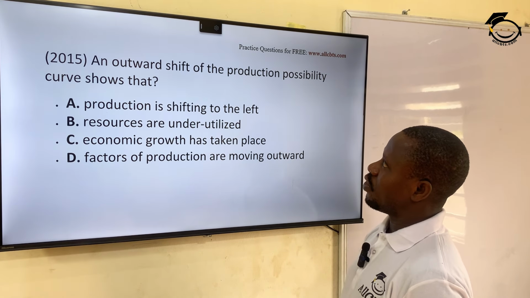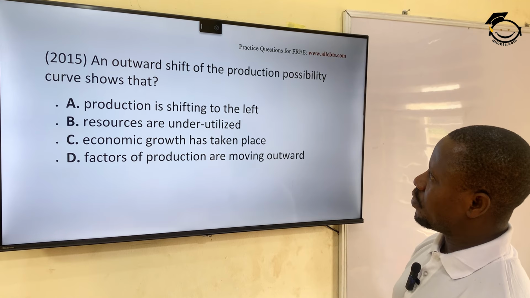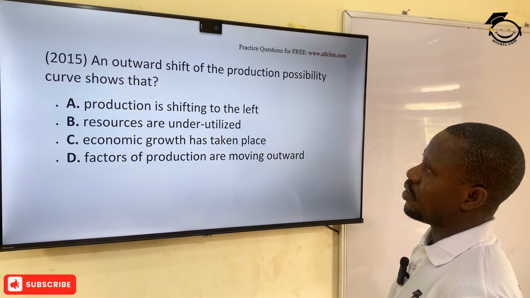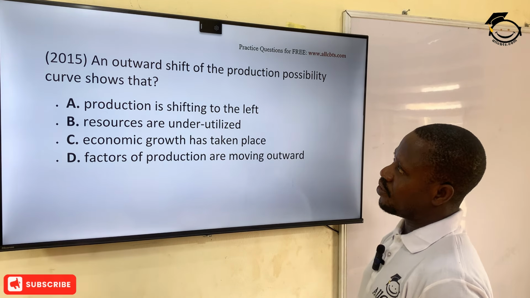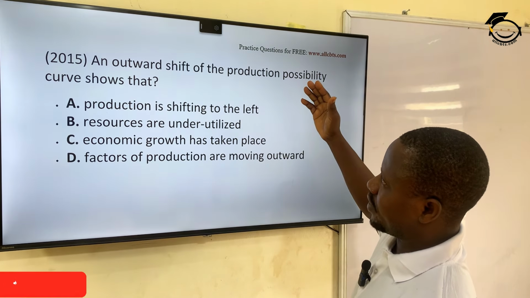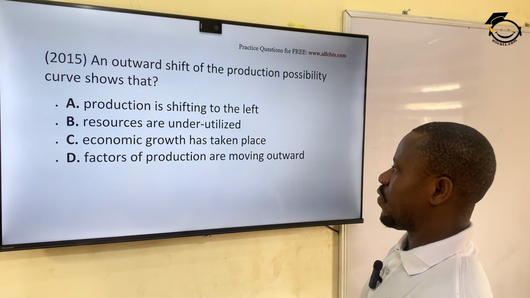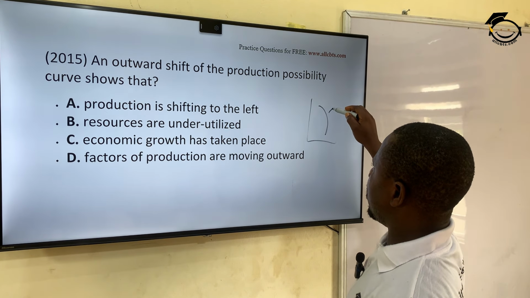An outward shift of the production possibility curve shows that I've explained this earlier. I think this question is being repeated in another form, in another year. Okay? Production is shifting to the left, resources are underutilized. When it's outward, economic growth has taken place, factors of production are moving forward. That is out. This is out.